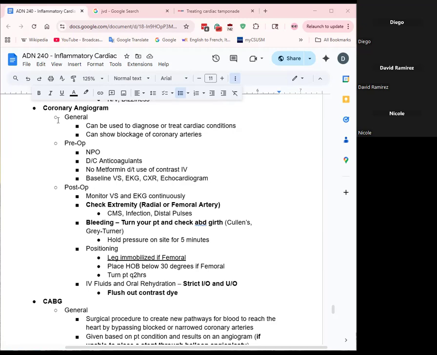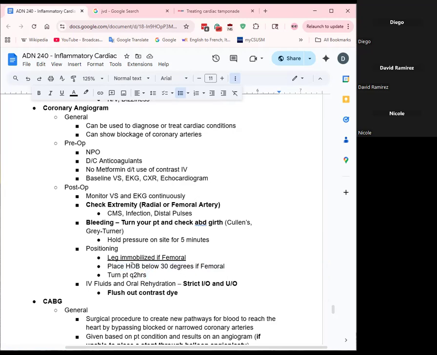All the stuff that makes sense from an invasive intervention through an artery. Check for bleeding, like I mentioned before. If there's bleeding, you're going to hold pressure really, really hard on that area and call for help. If it's femoral, you're going to have that leg immobilized, because moving it could cause it to reopen and then bleed, a big bleed. Head of the bed below 30 degrees if it's femoral.